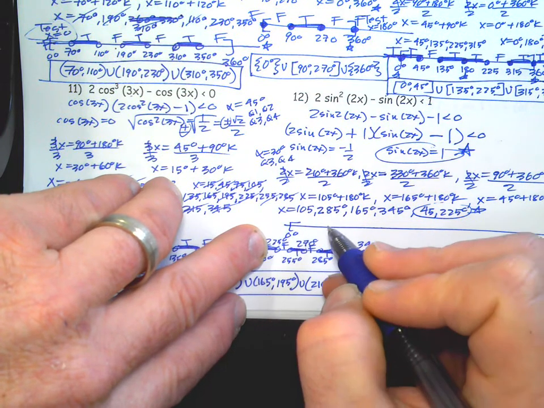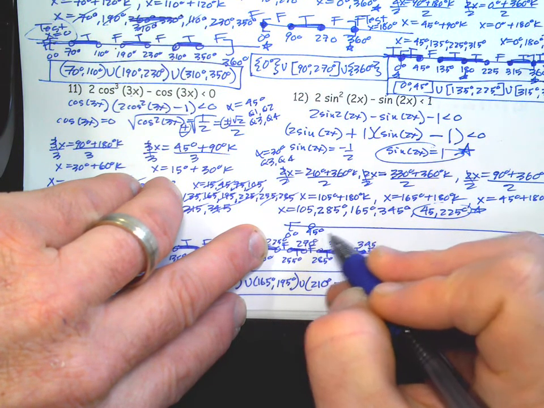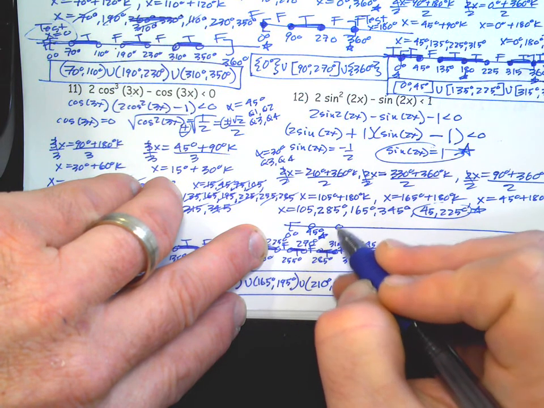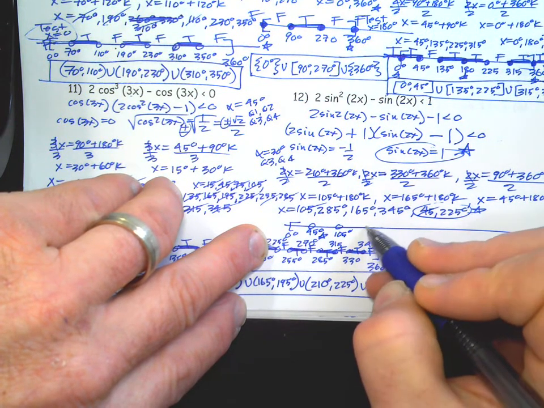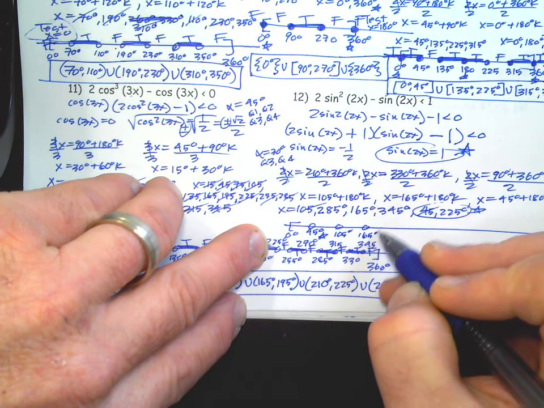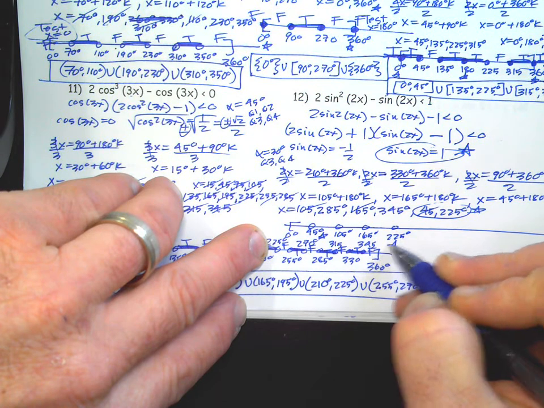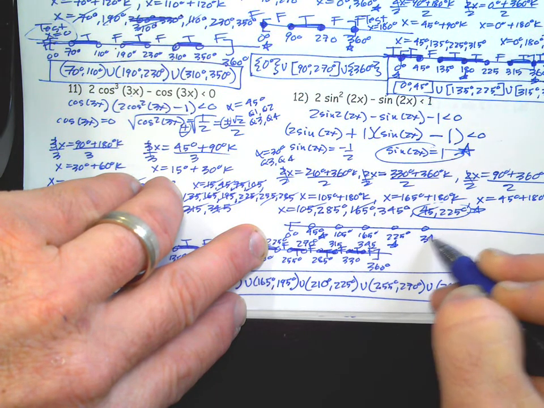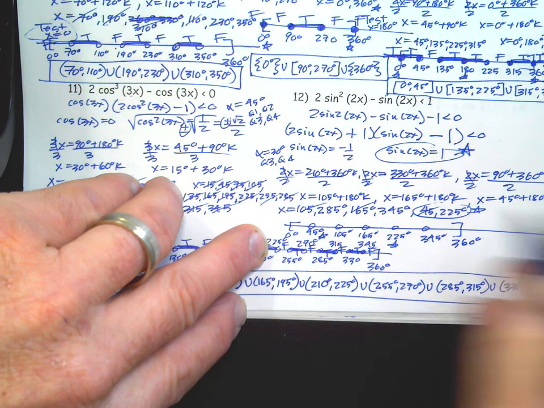These are going to be all open dots in order. 45 has to go first, which has a star next to it. Then 105. Then 165. And then 225, which has a star next to it. And then 345. And then 360 just to cap it.